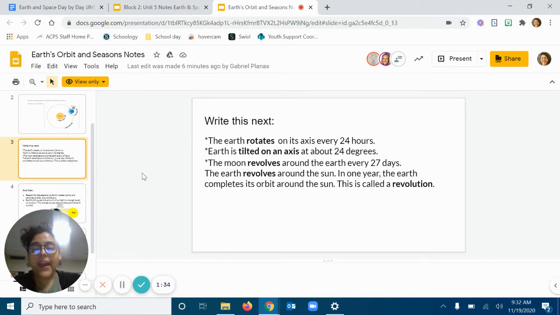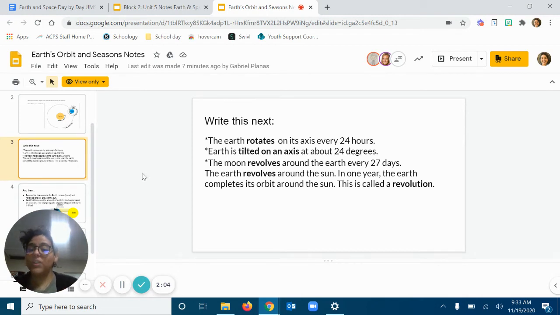Some main facts to know about Earth in its spatial area compared to the sun and the moon is that, first off, the Earth rotates on its axis every 24 hours. Another word for rotate could be spin. The Earth is constantly spinning, but we don't notice it because the Earth is so big and it's spinning so slow that we don't really feel it.